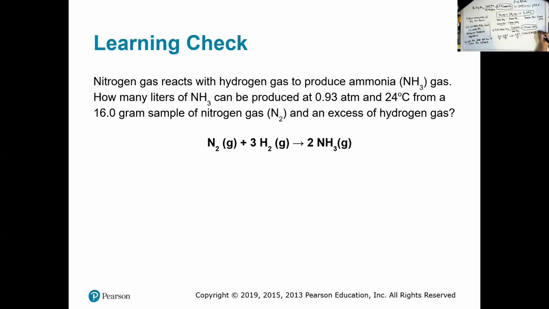My temperature is going to be 297, divided by my pressure, which is 0.93 atmosphere. Again, I like going through the steps of crossing out the units; it verifies that I've done everything correctly in terms of my setup. And I see that the volume of my gas is going to be 29.9 liters.